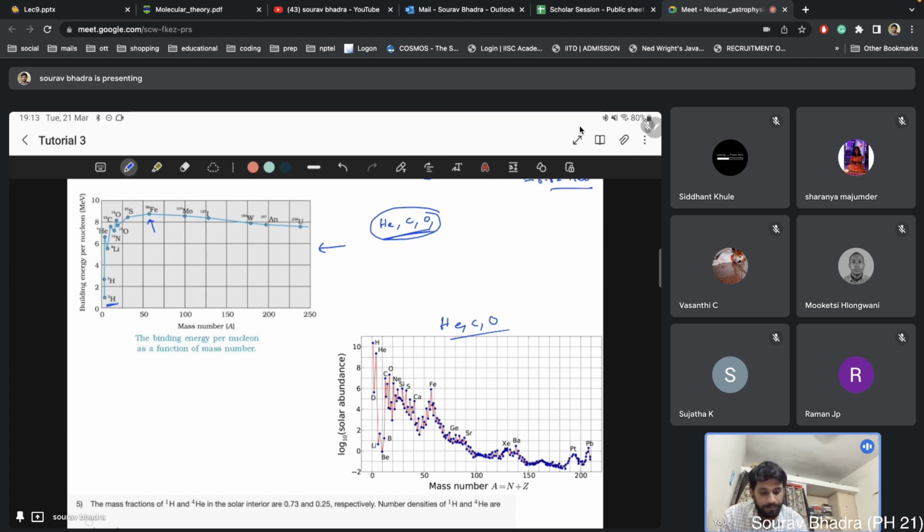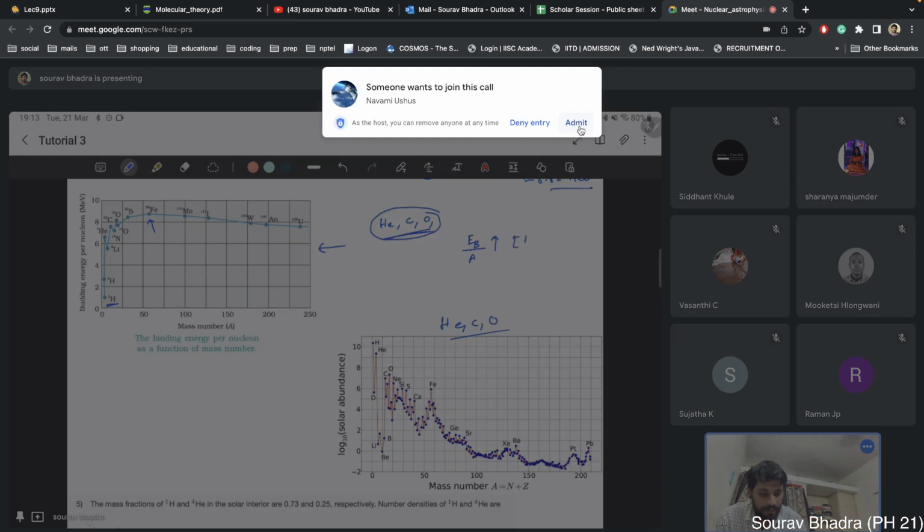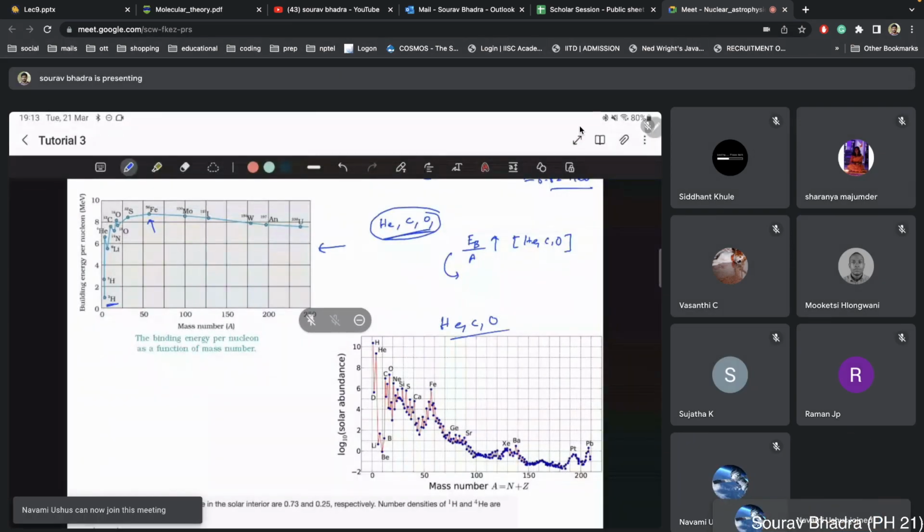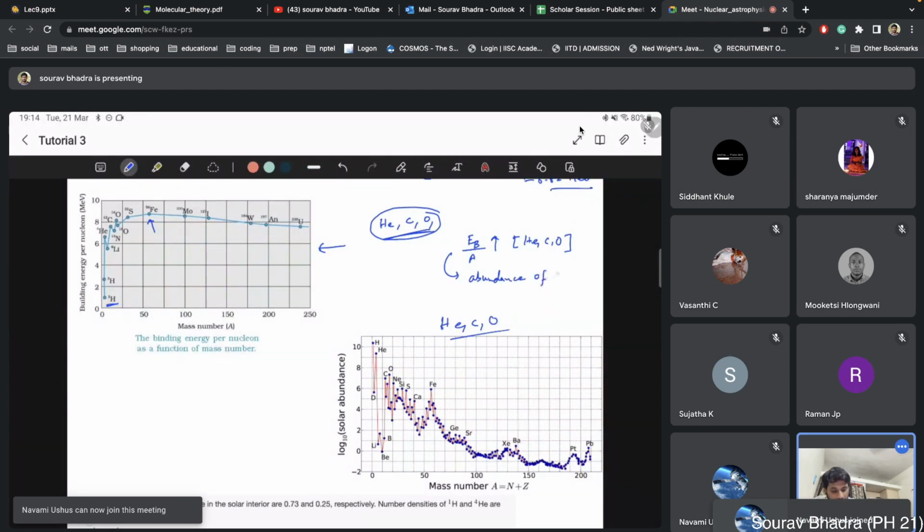So EB by A is higher for those elements, He, C, O. Similarly, as a result, the abundance of He, C, O is also higher in the solar system.